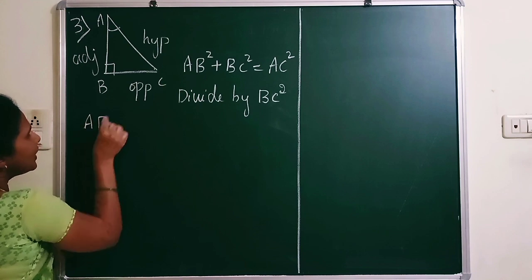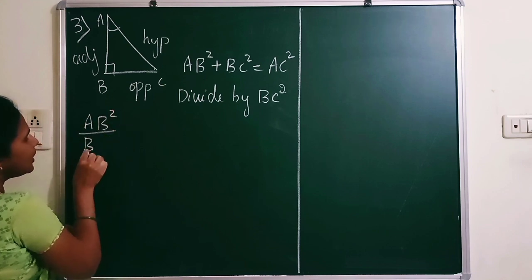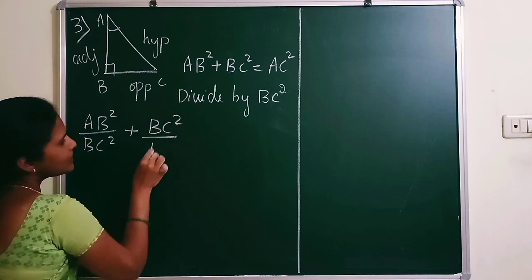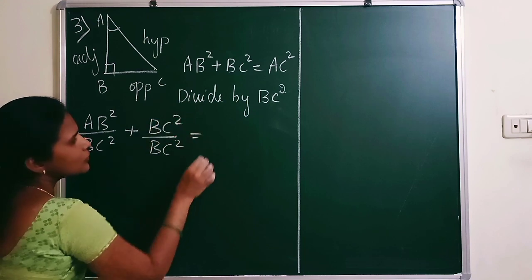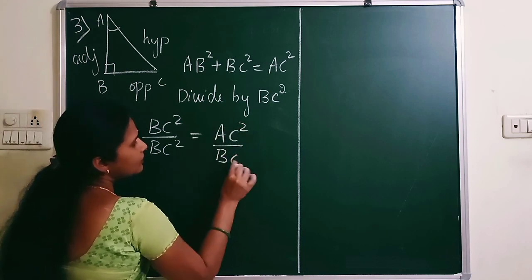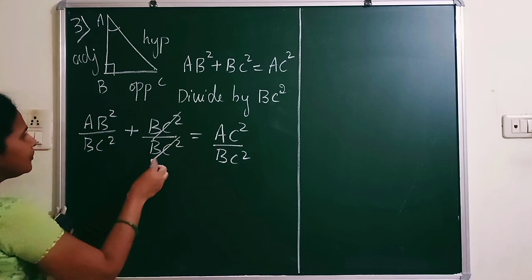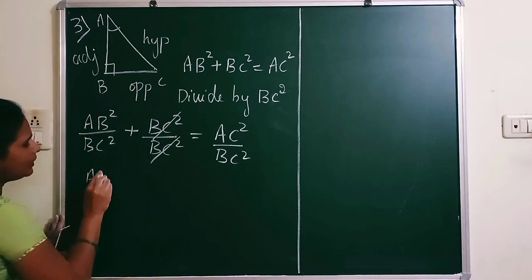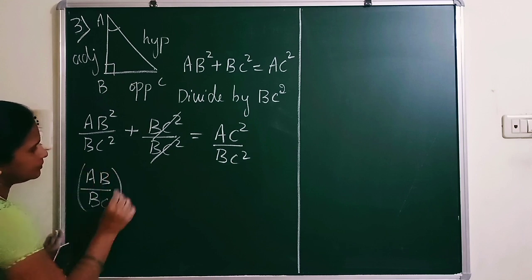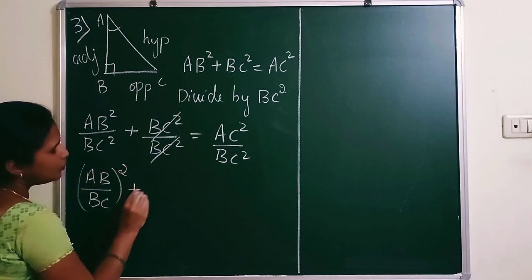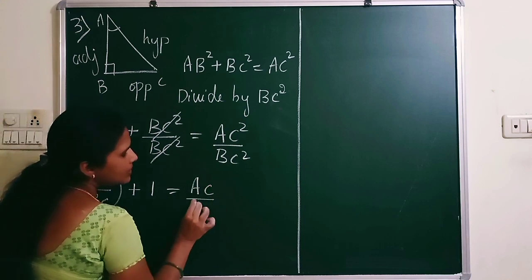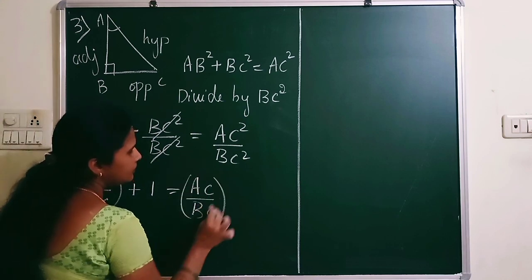AB square by BC square plus BC square by BC square equals AC square by BC square. Here you can cancel, so write AB by BC whole square plus 1 equals AC by BC whole square.